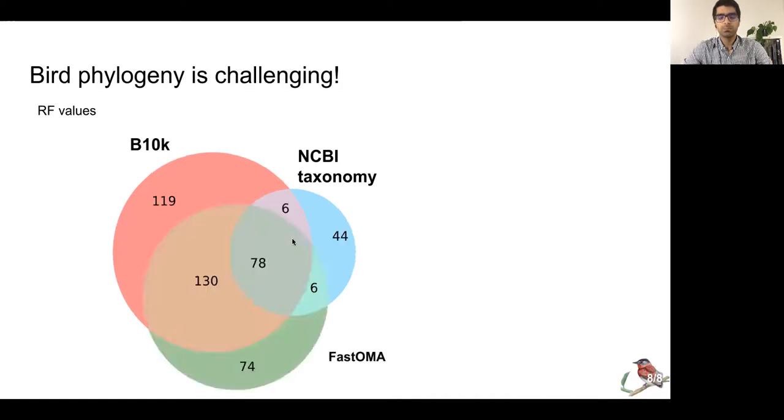We also compare the tree that we inferred with these two trees. Here we can see that there are 113 partitions which are in common between B10K and FastOMA, which shows that FastOMA is more consistent with the B10K paper.